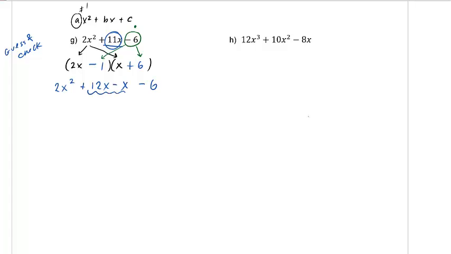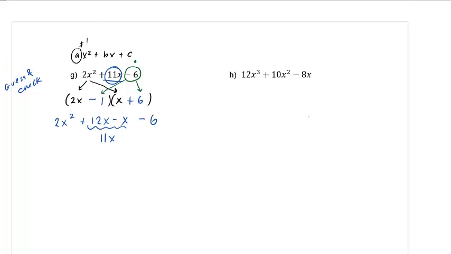So together, these two terms become positive 11x, which is what I wanted. So that means these factors must be the correct factors: 2x minus 1 times x plus 6. And you can see that we got there just by making educated guesses for the ends of these binomials and then FOILing to check it and make sure I get the right trinomial when I multiply.